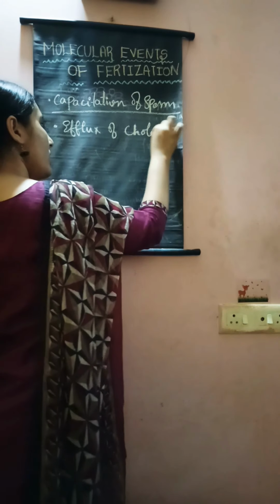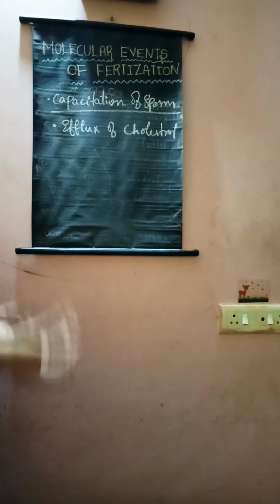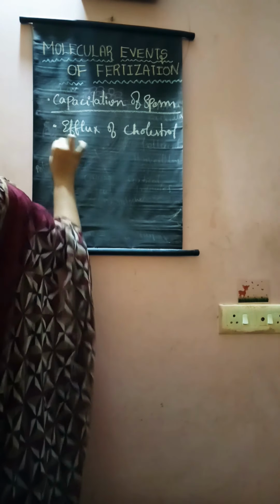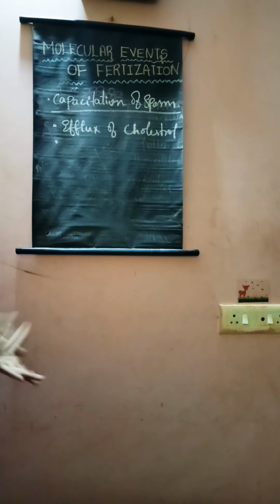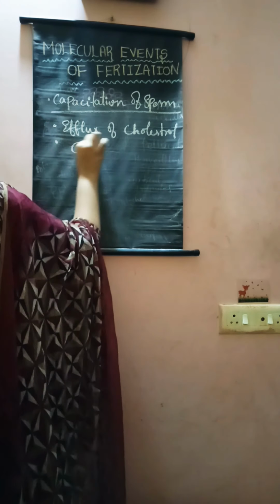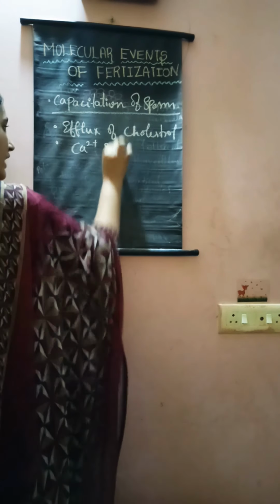The cholesterol deposited on the sperm is removed. Then the plasma membrane of the sperm becomes more fragile and more permeable to calcium ions, so influx of calcium ions can be seen.